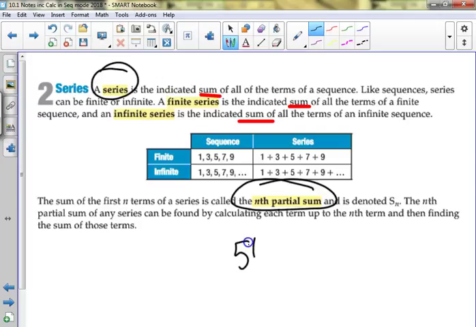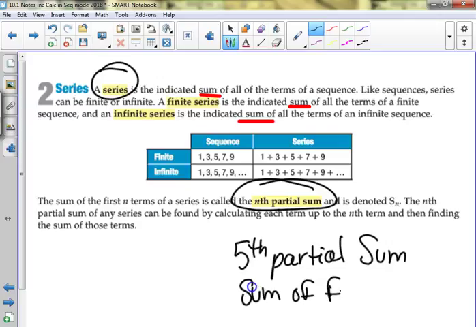They will say the 5th partial sum on the quiz. I literally wrote the sum of the first 5 terms. And that notation would be S sub 5. We're going to do sums of arithmetic sequences on Tuesday and geometric sequences on Wednesday.